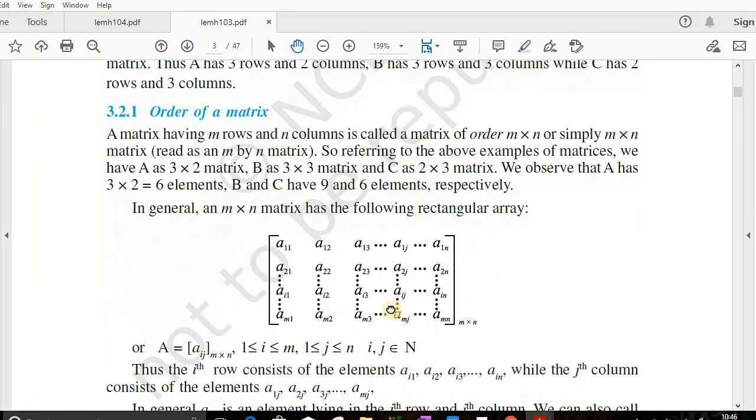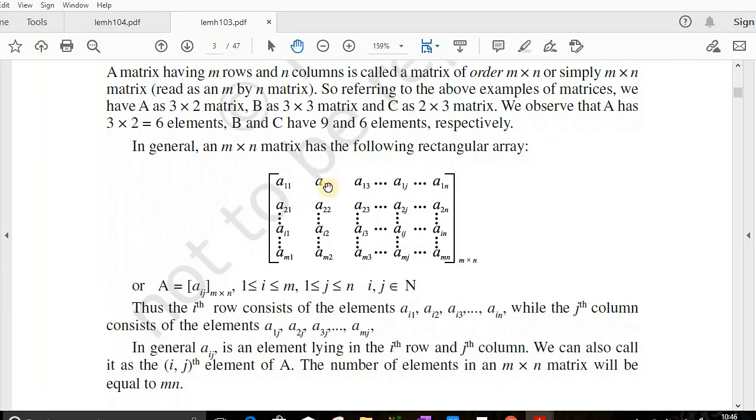Okay, a general m by n matrix is given like this: a11, a12, a13, a1j, a1n, a21, a22, a23, a2j, a2n, like this. The notation is very important. a11 denotes that this element is in the first row, first column. a12 means it is in the first row, second column.